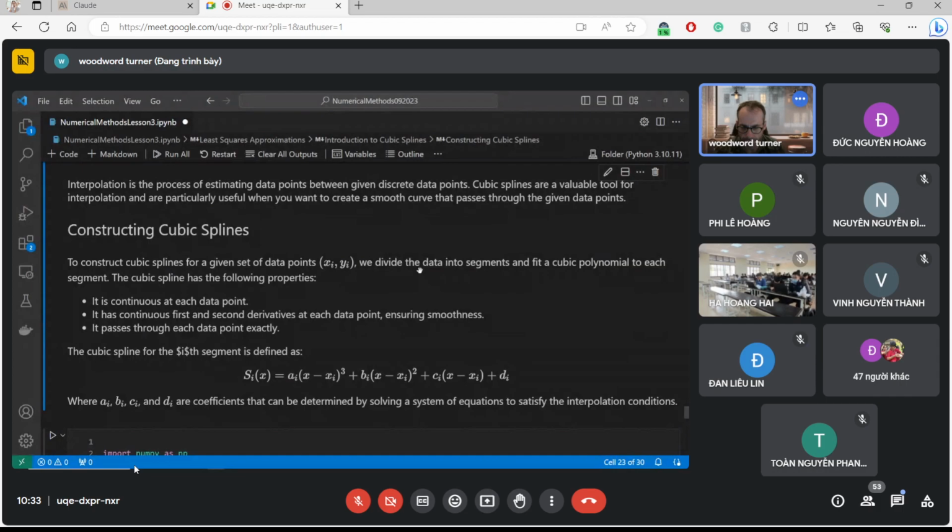And the way that we do this is we can index by i again, like we did with the Lagrange basis polynomials, the L sub i's. But here we have S sub i as the general notation, and that'll have a coefficient a_i, and we'll take that to be a_i times (x minus x_i) cubed plus b_i times (x minus x_i) squared, plus c_i times (x minus x_i) plus d_i.